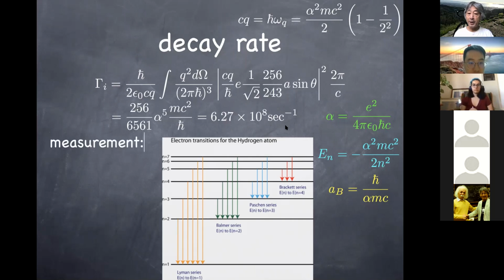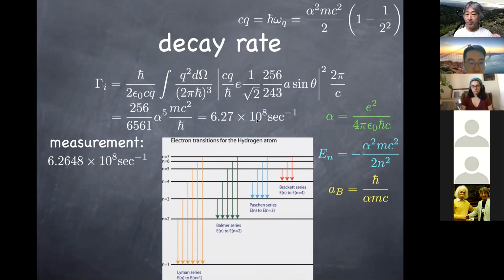And so what you can measure then, by looking at the decay of the hydrogen atom in the 2p state, you measure this quantity which turns out to be this number. So you see an excellent agreement between what we computed in this dipole approximation with the measurement. If you want to really recover the precise 5 digits of the measured value, then we have to do a little bit better job.